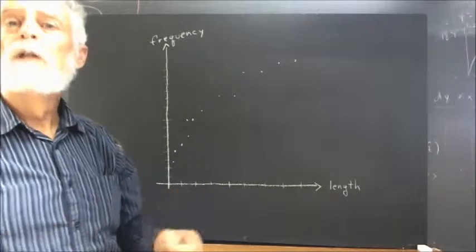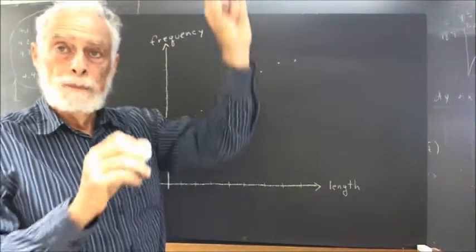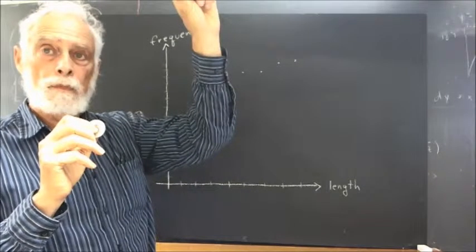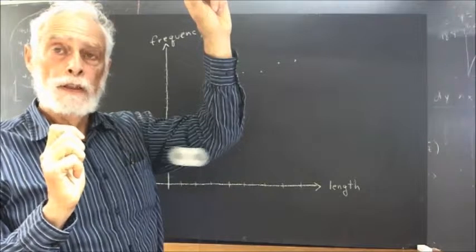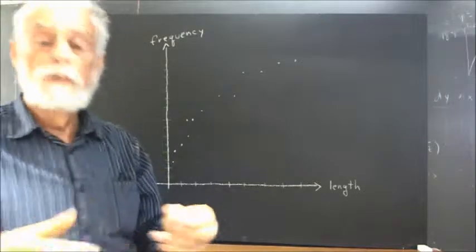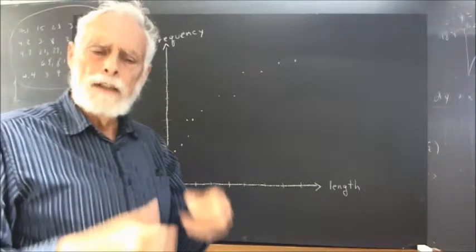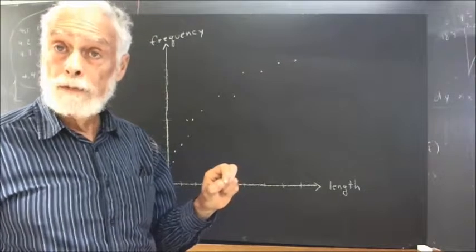Alternatively, if I wanted more accuracy in my count, I could count half 1, half 2, half 3, half 4, half 5, and then I'd actually be able to count my cycles accurate to the half.